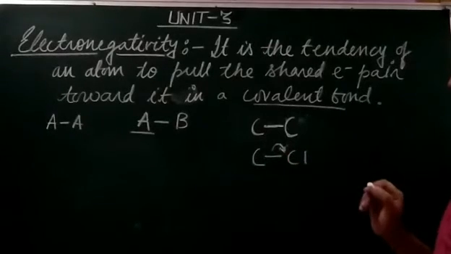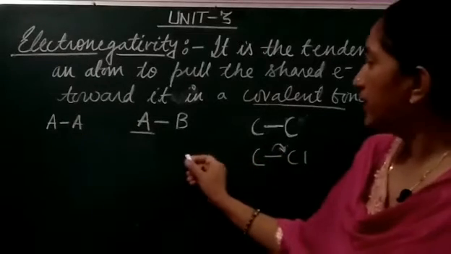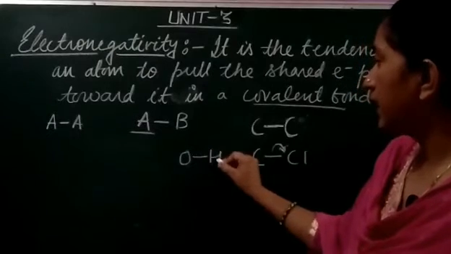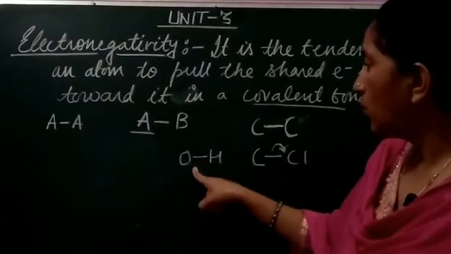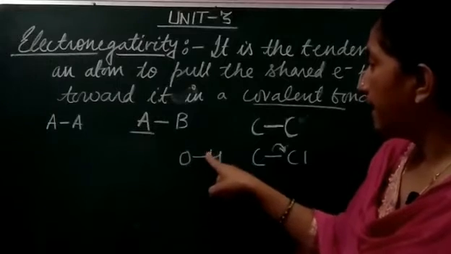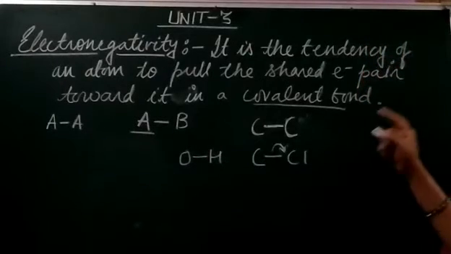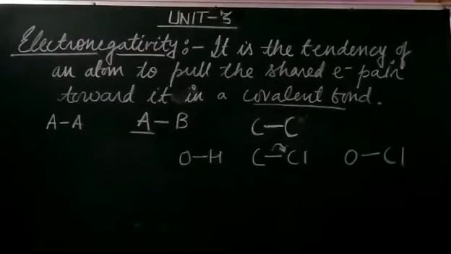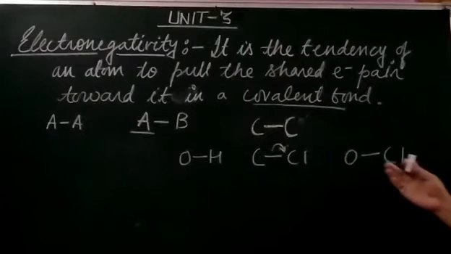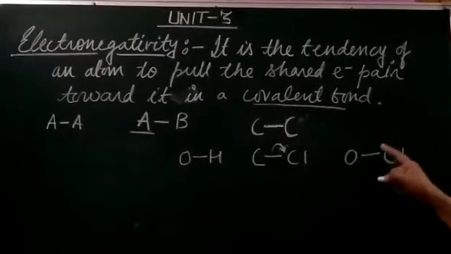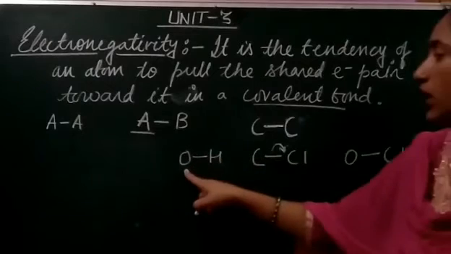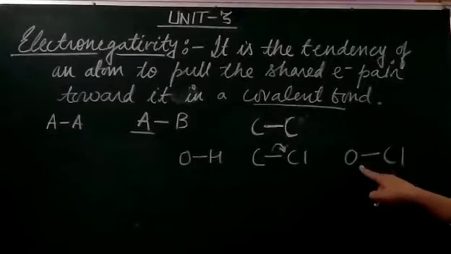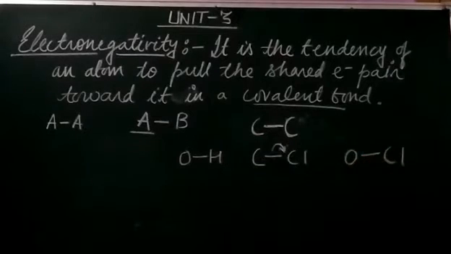which is comparatively smaller and has greater nuclear charge, right? Now if we take the example of O-H, in this case definitely oxygen is going to be more electronegative, right? But if we come to the case where oxygen and chlorine have a shared covalent bond formed between them, it will not be so that oxygen is more electronegative.